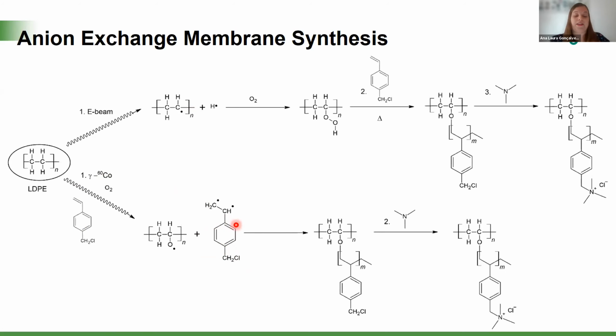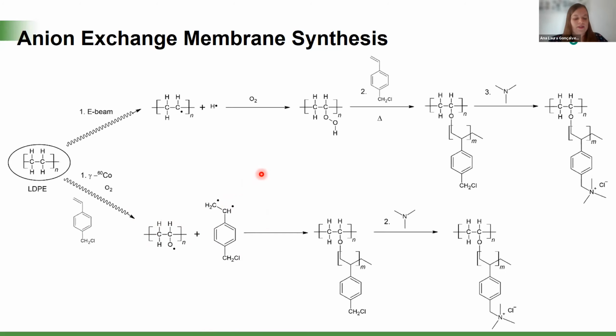are both exposed to high energy radiation. So we have radicals formed in both the polymeric matrix and the VBC. This will initiate the monomer copolymerization on the polymeric matrix, so the irradiation and the grafting occur in one step.